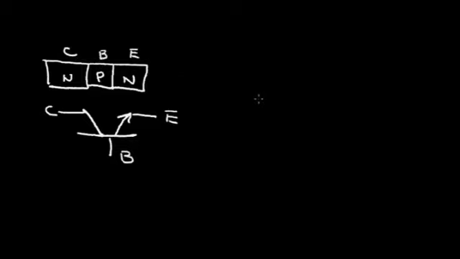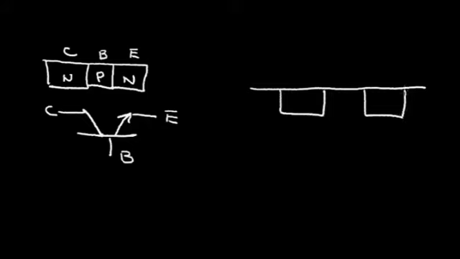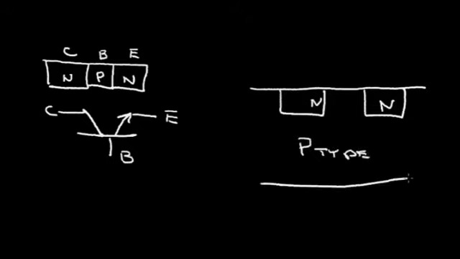Now, we can create different kinds of transistors on a silicon chip. For example, if we take the surface of the wafer and we introduce an N-type region and another N-type region, this is N-type, N-type. We'll say the wafer is P-type. So say this is the thickness of the wafer.